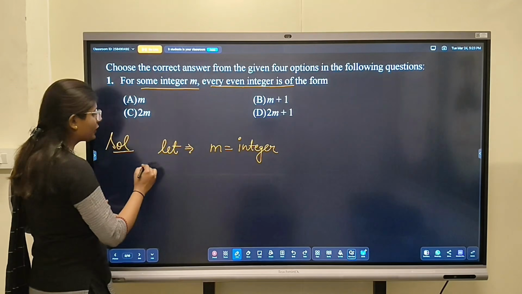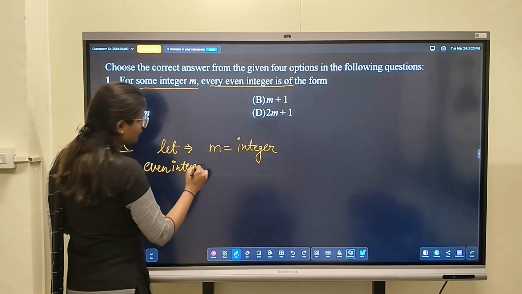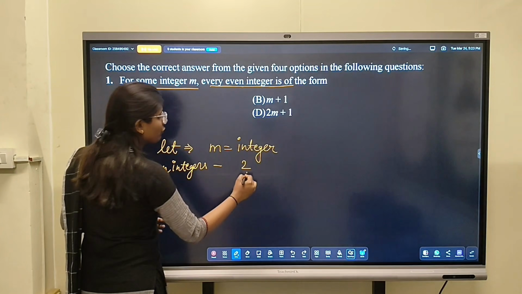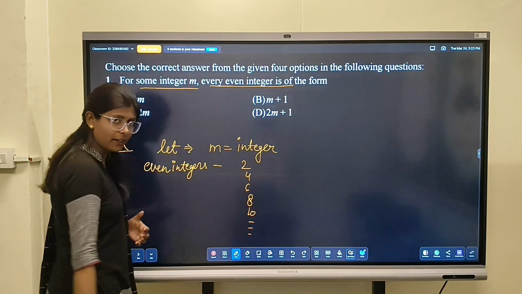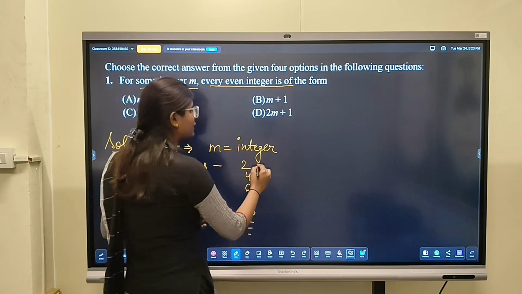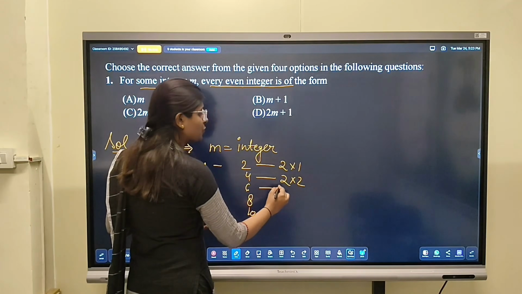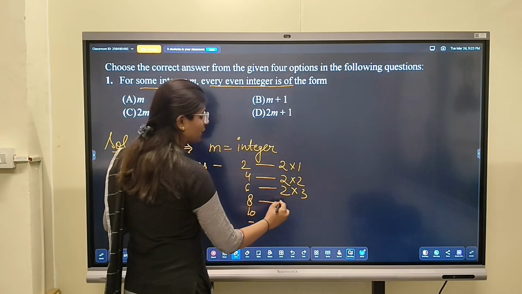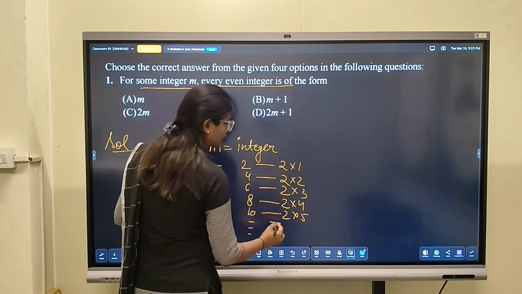See, we know that the even integers are 2, 4, 6, 8, 10 and so on, right? Generally they are represented in the form of 2 times 1, 2 times 2, 2 times 3, 2 times 4, 2 times 5, like this.